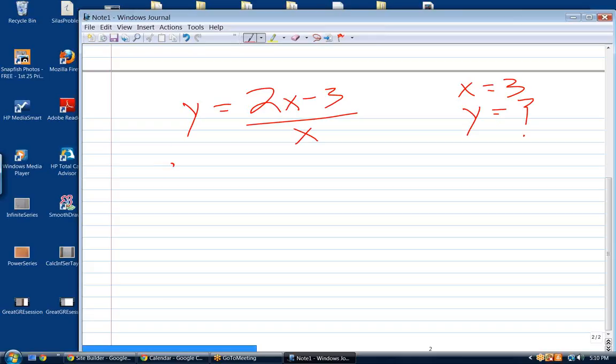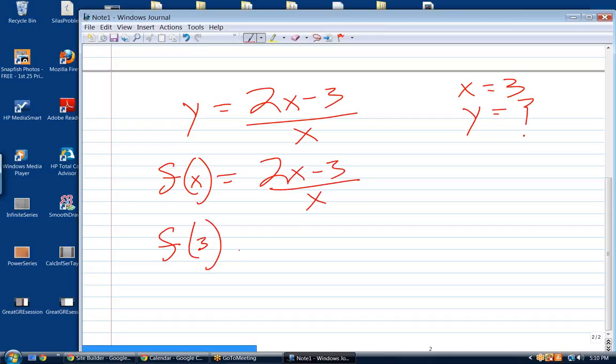This is basically the same as saying this. We have a function that's equal to that. And now I want to know what f of 3 is. What would the logical thing to do be? Plug in. Plug in 3 wherever you see x.